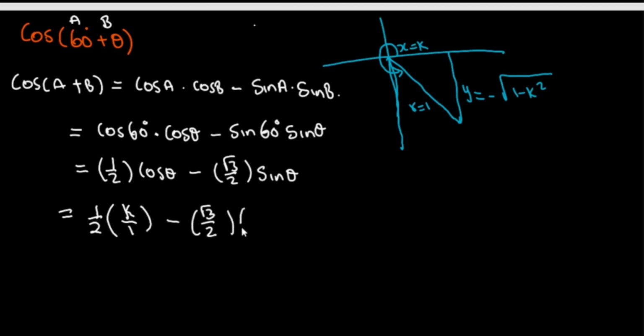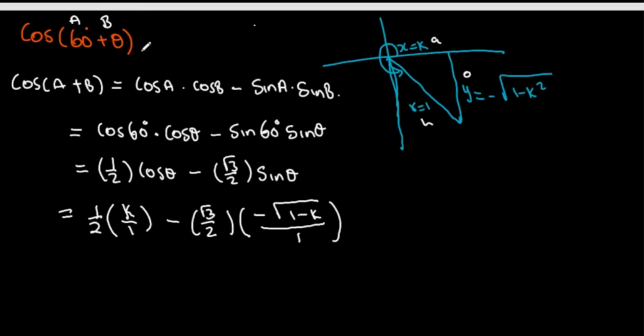What is sine? Opposite over hypotenuse. This is opposite, this is adjacent, this is our hypotenuse. What is your opposite? It's negative the root of 1 minus k squared. Then everything is divided by the hypotenuse, which is 1. Still remember how this works, right?